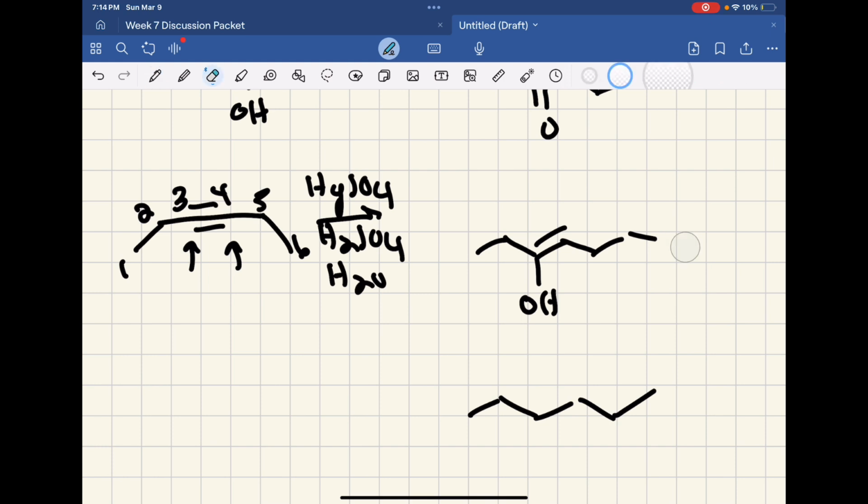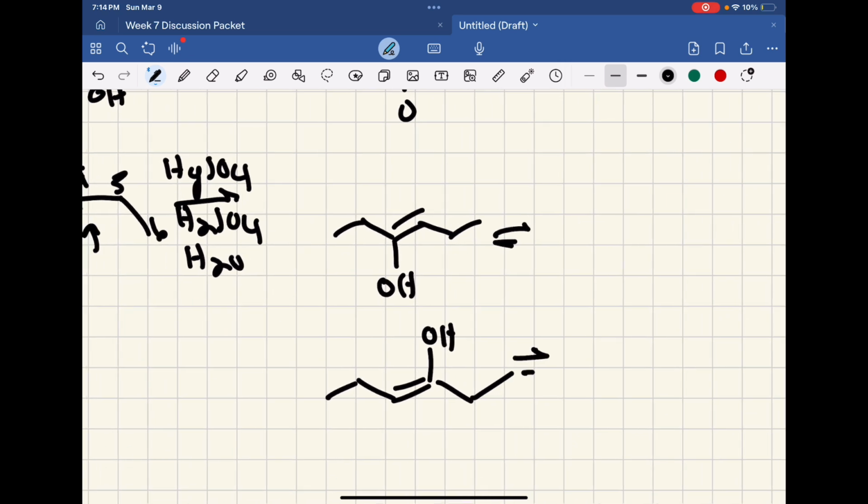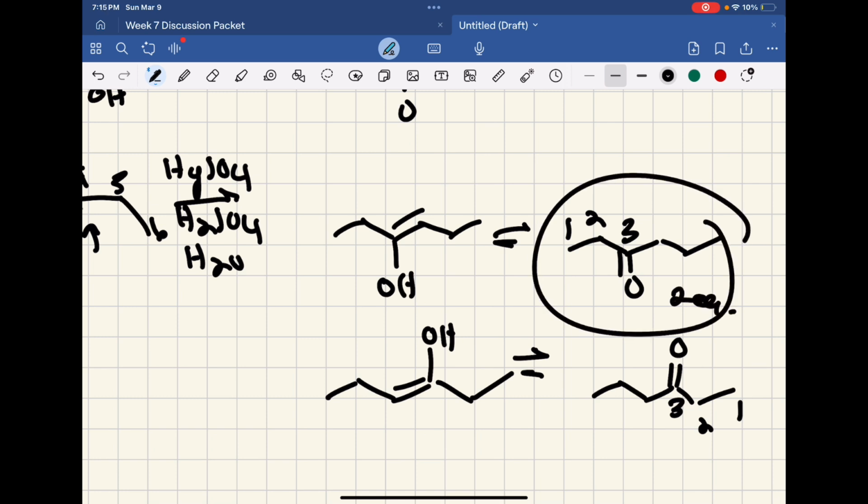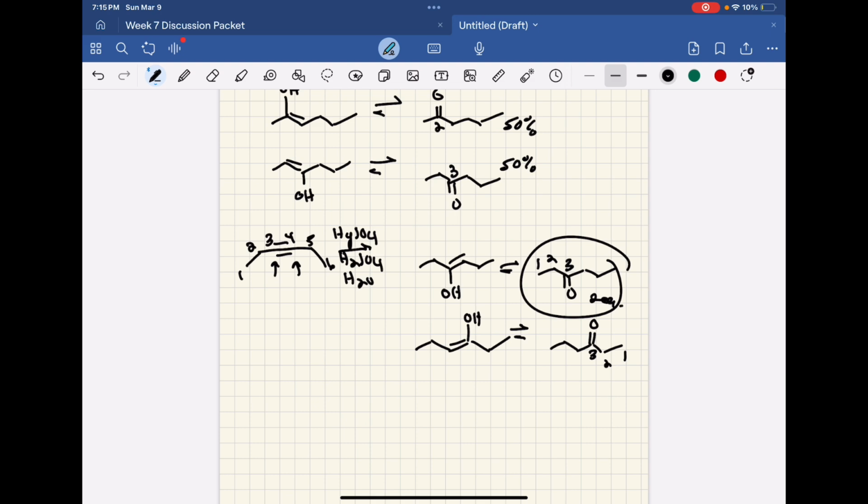Oh, I added too many carbons up here. Versus this enol, they both tautomerize to the ketone. And notice both are at the 3 position. They're the same. So here you could just say this is 2 equivalents. Okay, so just keep that in mind.